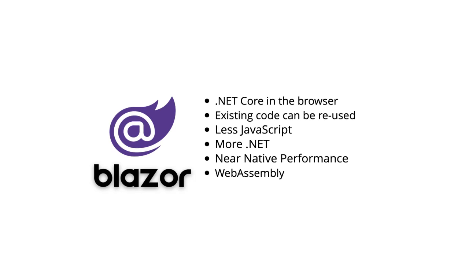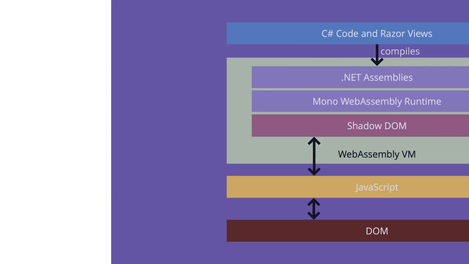And WebAssembly, as I said, is an open standard. It's supported by all the major browser platforms, and there's no extra plugin needed. And all of Blazor is open source, so you can head to GitHub, look at the source code, and reason about what they built, or even file an issue.